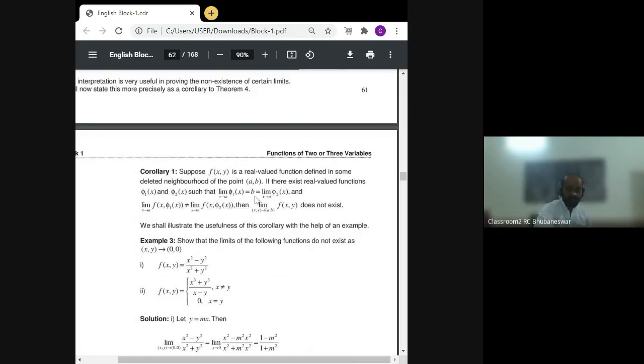Though the limiting values of phi1 and phi2 at the point a exist and are equal, the limiting value of f(x, phi1) is not equal to that of f(x, phi2). If those exist but are not equal, then the conclusion is that the limiting value of the function at the point (a,b) does not exist. This corollary is very useful when we solve the exercises or examples given below.